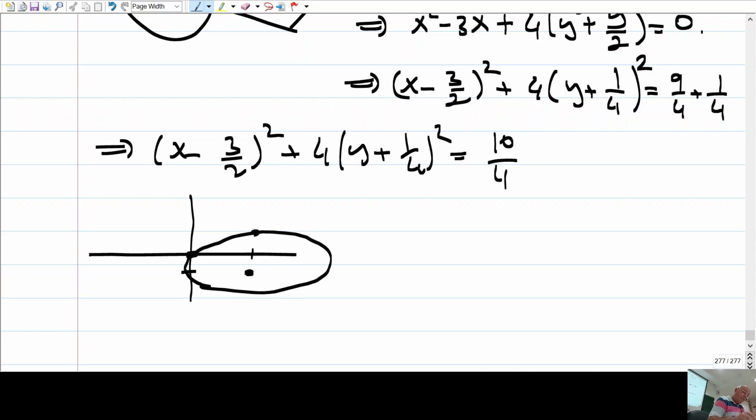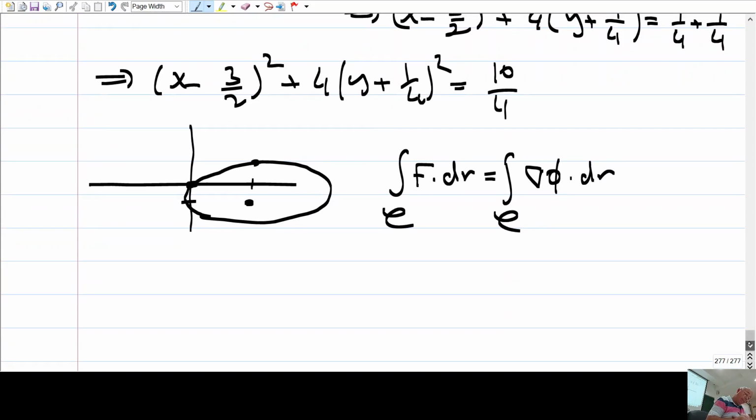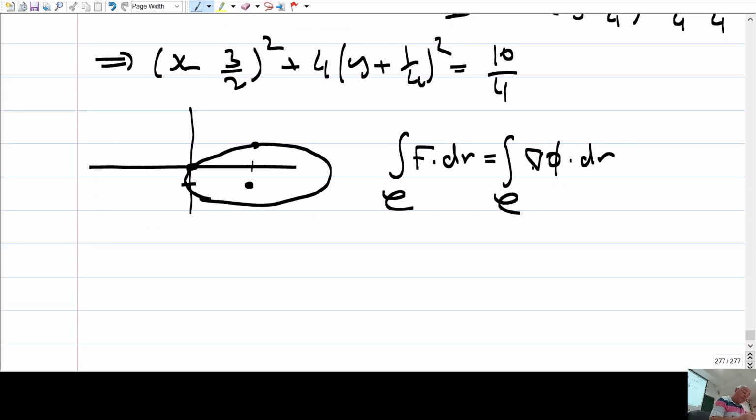Now our vector field is conservative, therefore the integral of F dot dr is just the integral of gradient of phi dot dr. I would have to parameterize this curve to compute this.